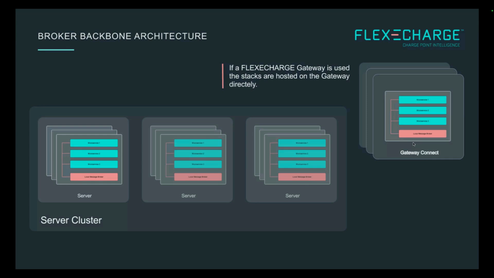Then the complete stack, including all the load management, everything is running locally. That is necessary if, for example, you want to integrate local power meters, or local PV panels, or local stationary batteries, or you just want to have your load management running locally.